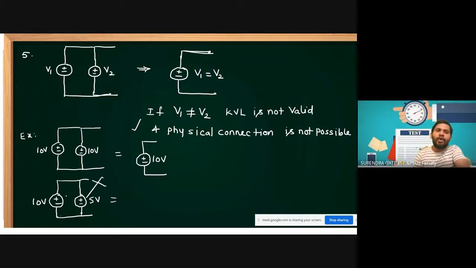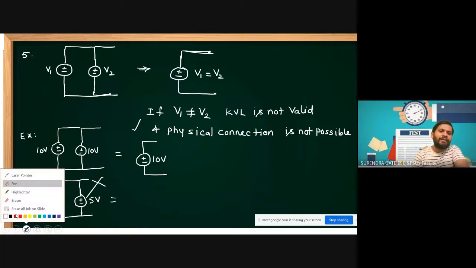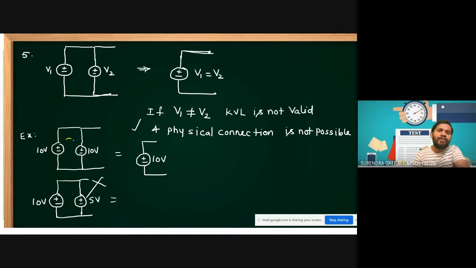Understand? In a loop, the sum of the voltages must be equal to 0. Students, if you apply KVL here, what is your answer? Moving from positive to negative, minus 10. Negative to positive, plus 10 is equal to 0. Satisfied.